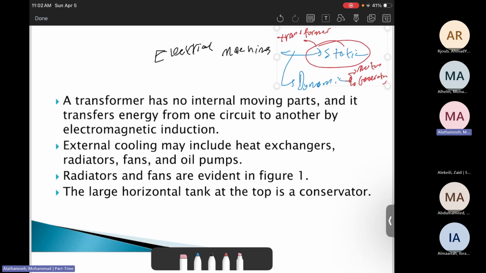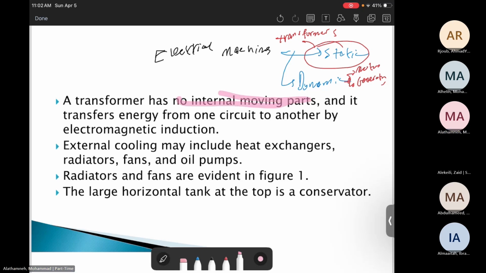It can be either static or dynamic based on whatever needs. So the transformer is an electrical machine with no moving parts, and it transfers the energy from one side to the other by electromagnetic induction, transferring the power from here to here.